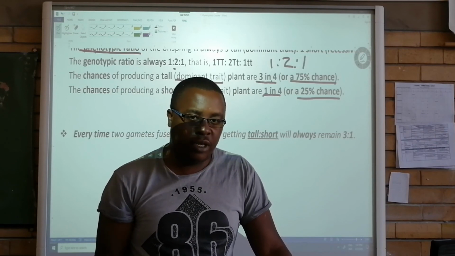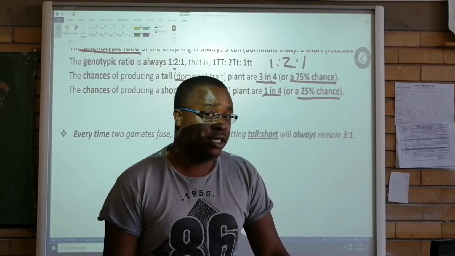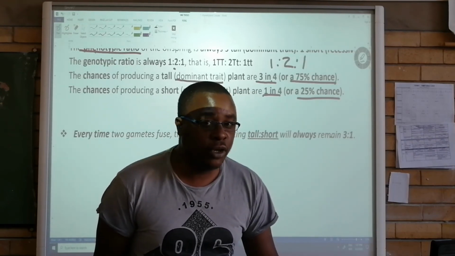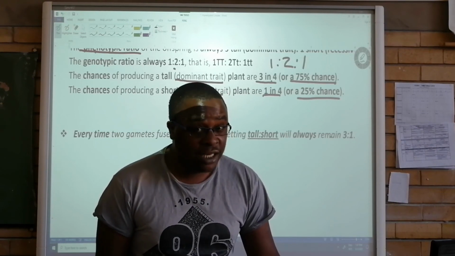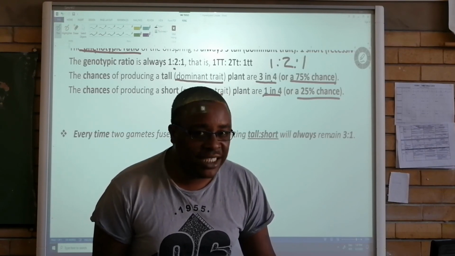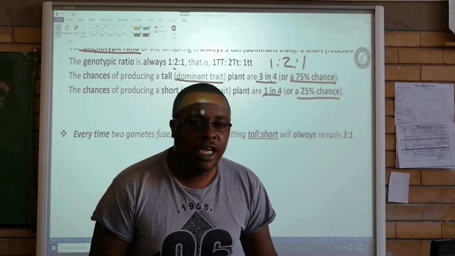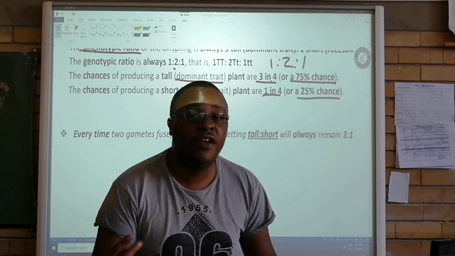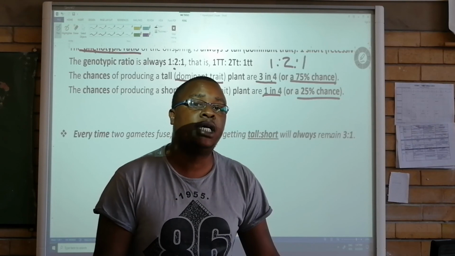So every time I procreate, what is the chance of me getting a girl? 50%. What is the chance of me getting a boy? 50%. It doesn't matter if I have 4 girls or 8 and I'm looking for my 5th baby. Every time I am procreating, the chances always remain 50-50 for a male or a female child.